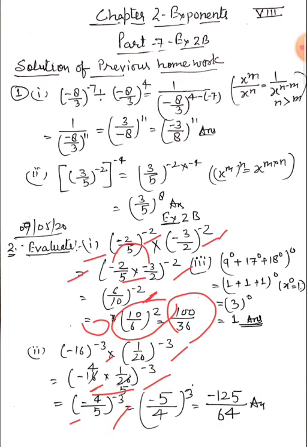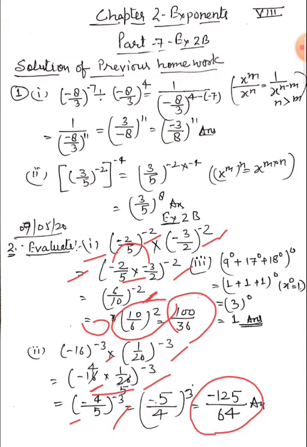Again you find the power in negative form. So again we apply the negative exponent rule. So (minus 5 upon 4) raised to power 3, the value will be minus 125 upon 64. How?